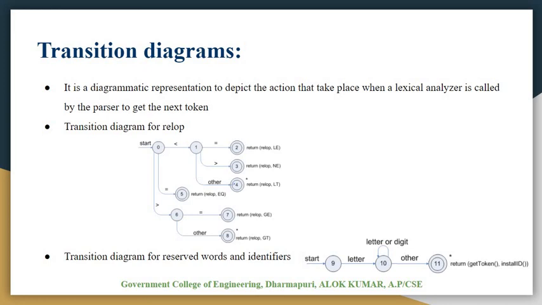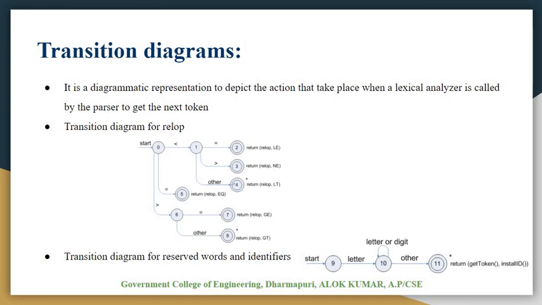For not equal to, the attribute value is NE. Then this one is equal to, so we return relational operator with EQ as the attribute value. And this one is greater than or equal to, returning relational operator with GE as the attribute value, and for greater than we have mentioned GT. So this is the transition diagram for the relational operator.